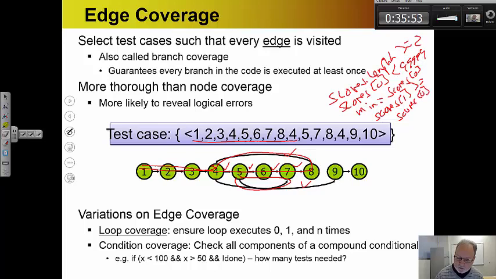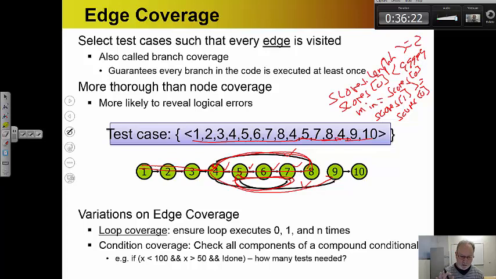Now we have to set up the values of our array very specifically in order to force us to take this transition. Now I go from 4 to 5, 5 to 7. I skip 6. I go back to 8. I'm back to 4, the third time we're at 4. But this time when I take the loop back, if I have a scores length of 2, then I'll drop down on the third test of the loop to our 9 and our 10.